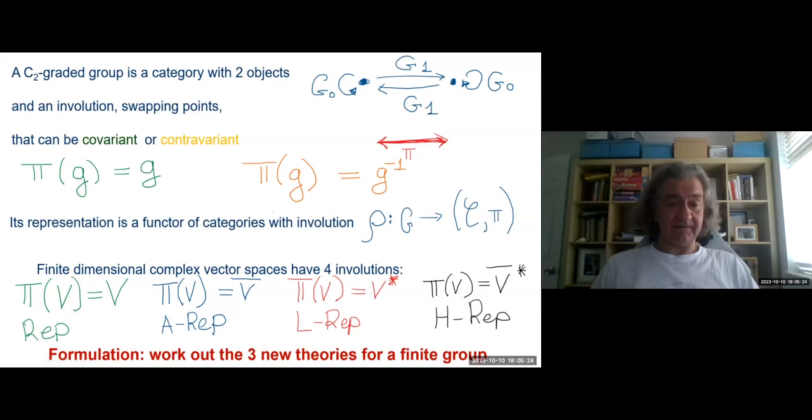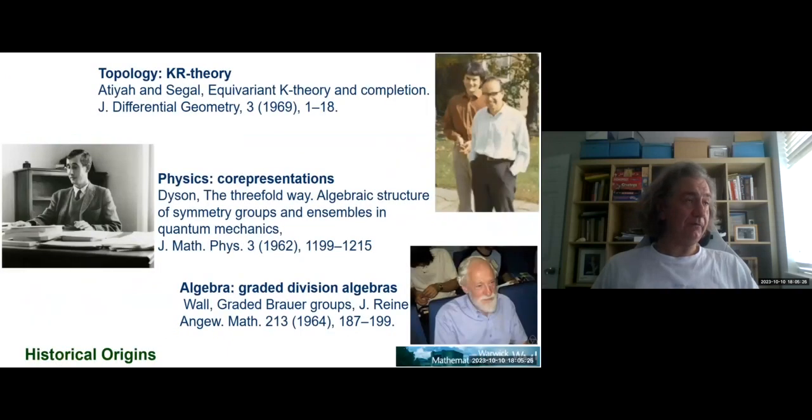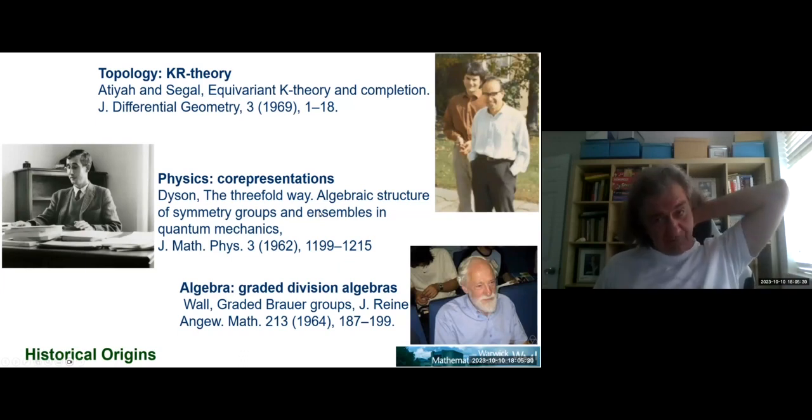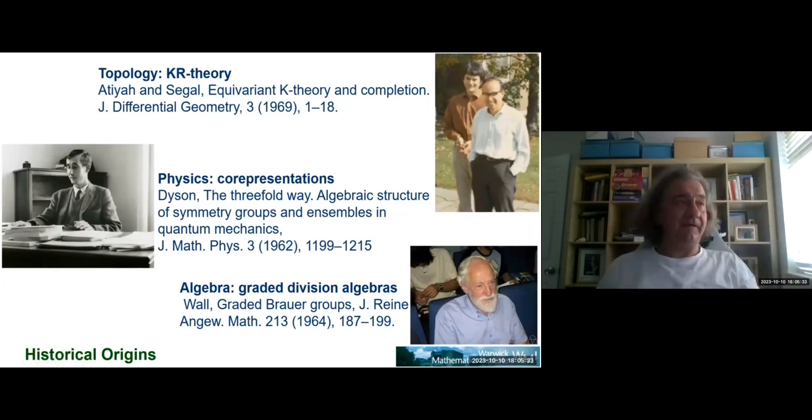And as an easy example, oh no, that's the historic origins. Essentially this theory came from three different sources. The oldest one is in physics, and in physics they are known as co-representations. It was started by Wigner, but the fundamental paper is by Freeman Dyson, from 1962.